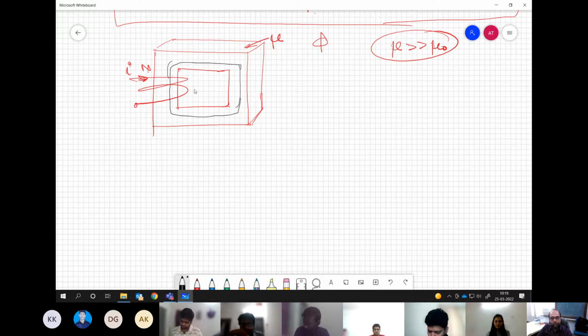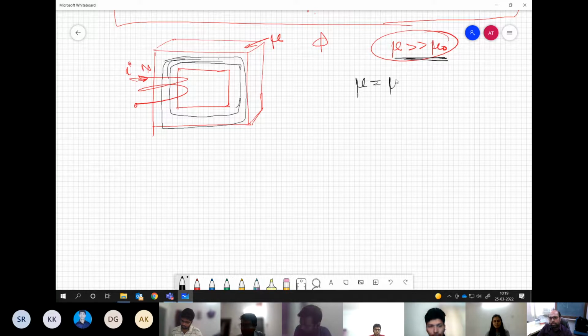The field lines going out of the core, the leakage or fringing, are negligible compared to what is within the core. Basically, mu is mu r times mu 0, where mu r is much greater than 1, something like 1000, 2000, 3000 and so on. That's a big number.